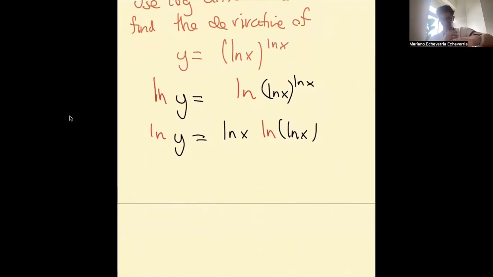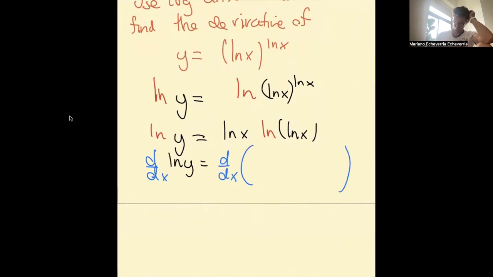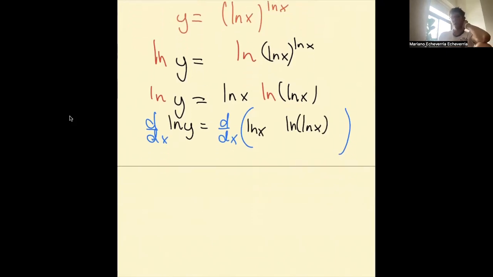So you take the derivative on both sides with respect to x. Now in logarithmic differentiation, there is a formula for this every single time. What is that formula? This is something you could memorize if you want. What would this give you when you do the logarithmic differentiation here?